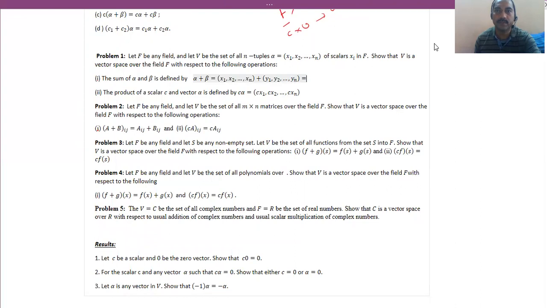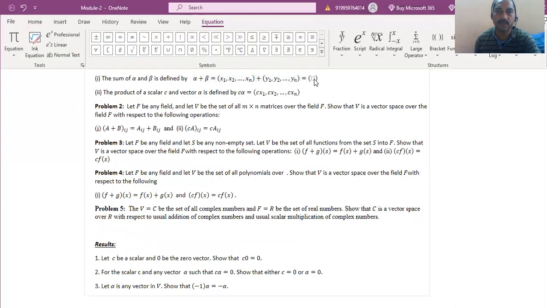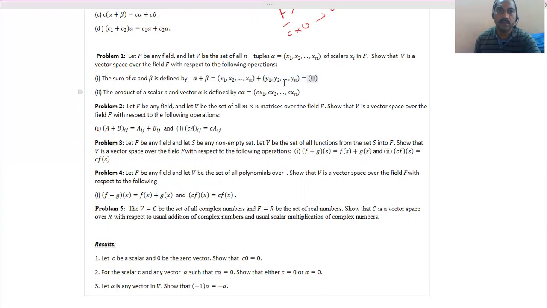So the first component is x1 plus y1: the first component of the first vector plus the first component of the second vector.